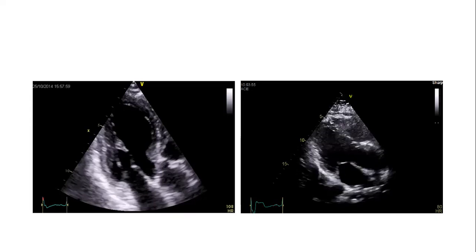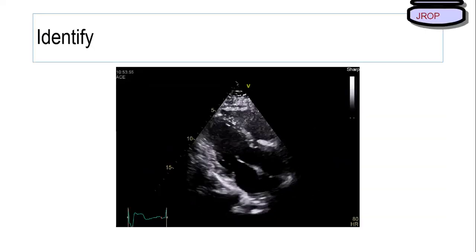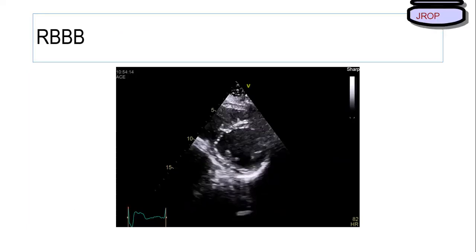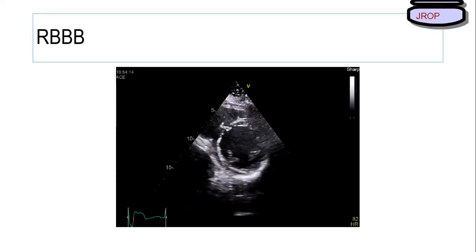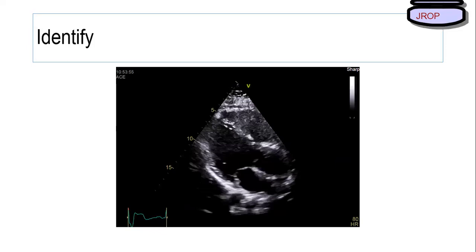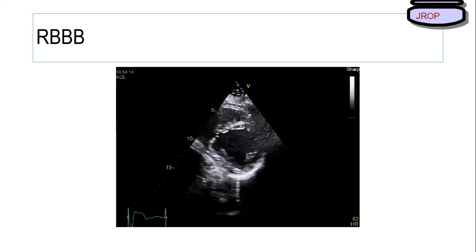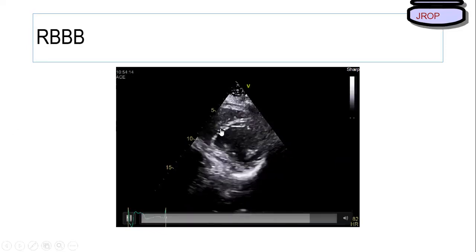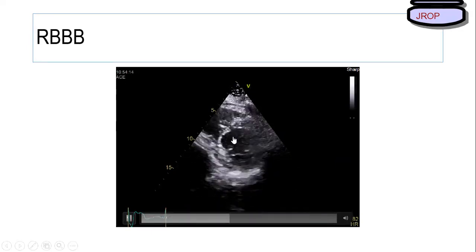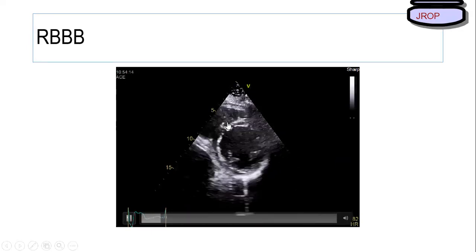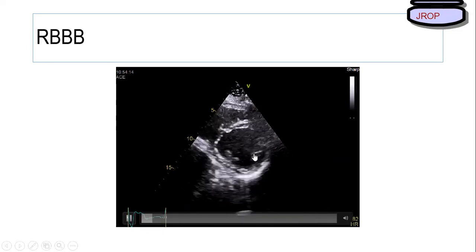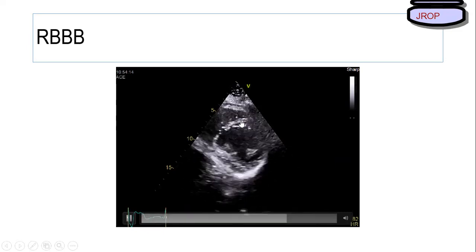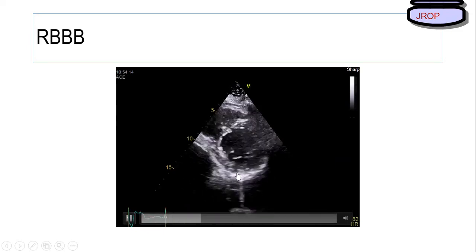Manipulate means what? I'll tell you what exactly manipulation means. In this, where is posterior wall? Septum, and in between is lateral wall. This is anterior septum and posterior wall here.